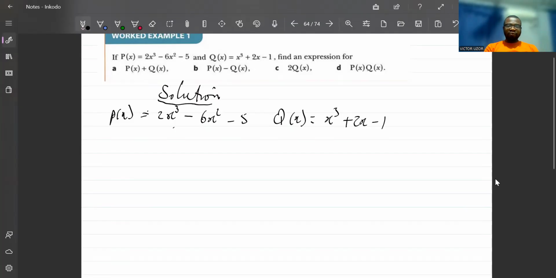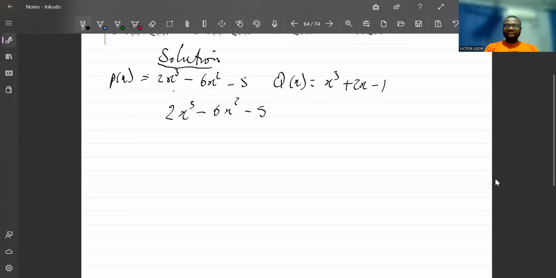I want to put the first part they gave here. They say p of x plus q of x. For me to do that, I will do it the easiest way. I'll have 2x cubed minus 6x squared minus 5. Under it, I will put the other one. By comparison of the exponents, I have x cubed here.